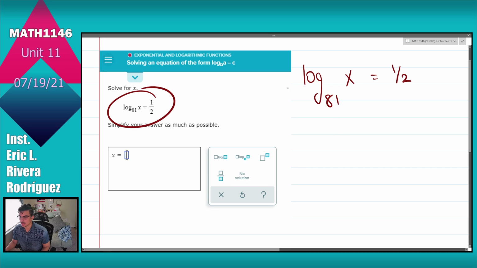What will be the next step in order to find the value for x? Okay, don't do that on the chat.